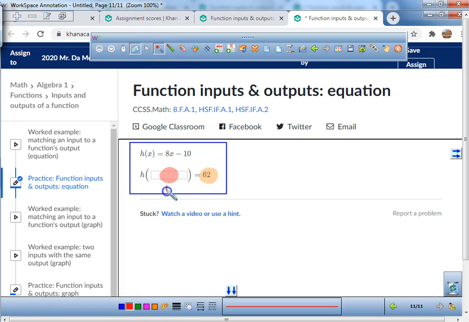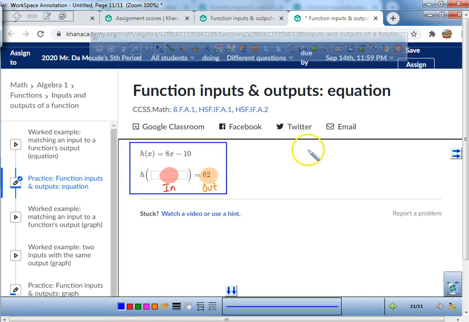So I'm going to write 8x minus 10 equals, what is it equal to? It's going to be equal to 62, because that's the output that they've given us. And then once again, we are going to simply solve for x.